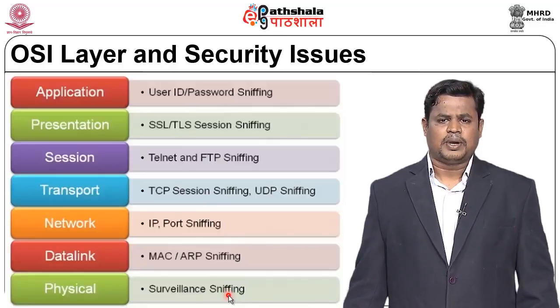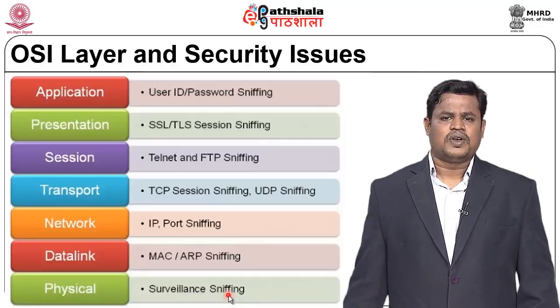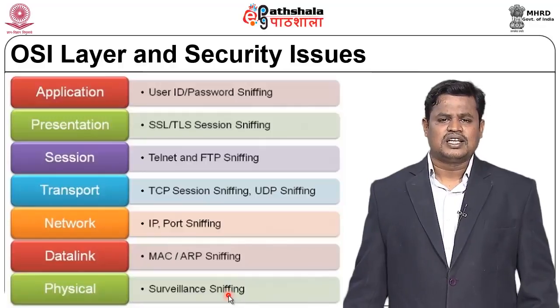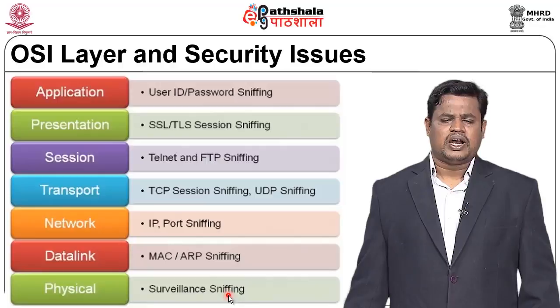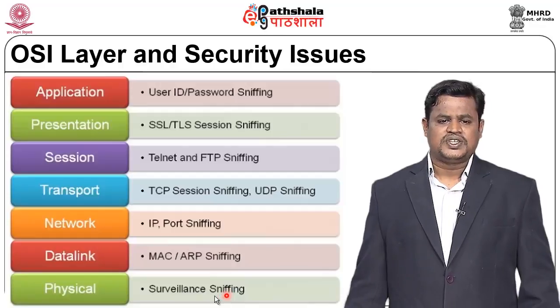Generally, if any particular information is placed on the internet without any security mechanism, anyone can see the content, because it's an unsecured channel. So if it is an unsecured channel, then we need to understand what kind of information they can gather. For example, if I take the physical layer, they will be using surveillance.